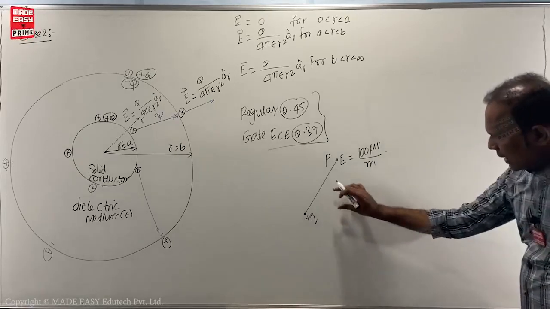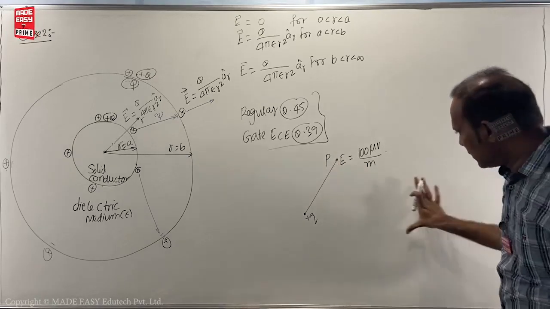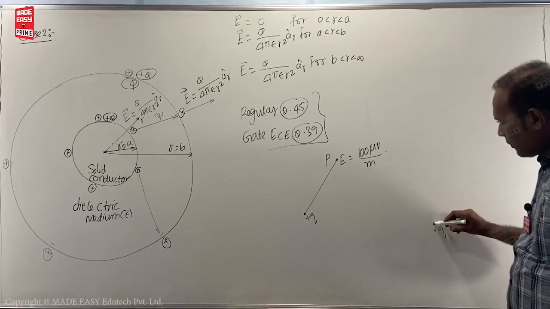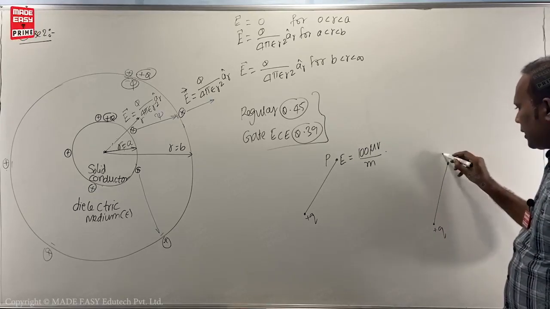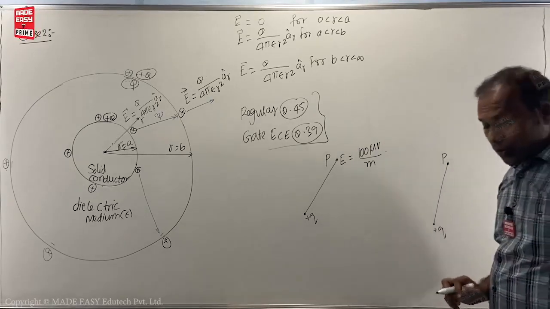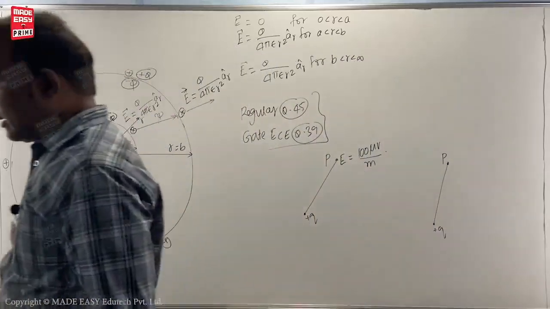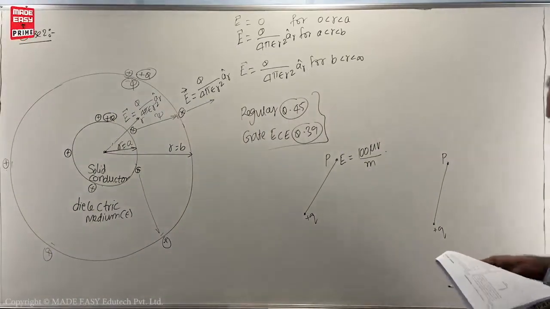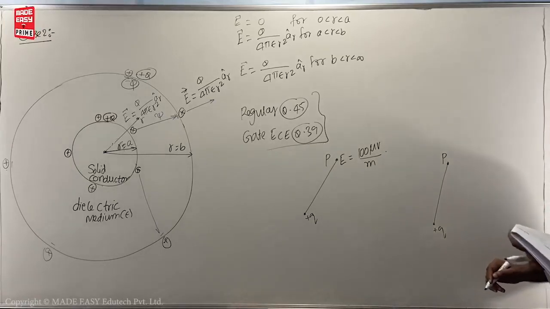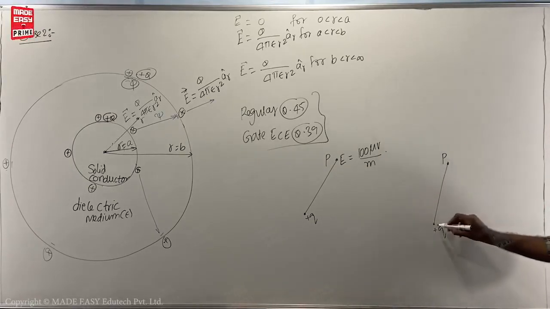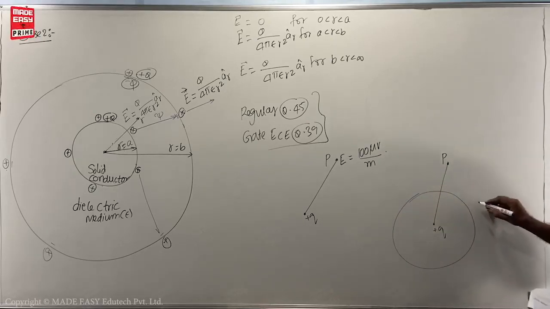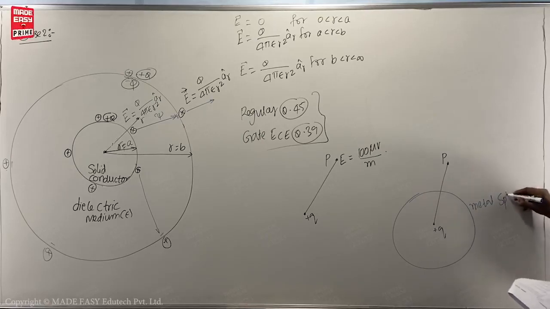Actually, now again I am writing the same thing, students. So the Q charge, and in the same question, here is P. Now what that person is saying is, if the point charge is enclosed, it means around this point charge there is a metal spherical surface.